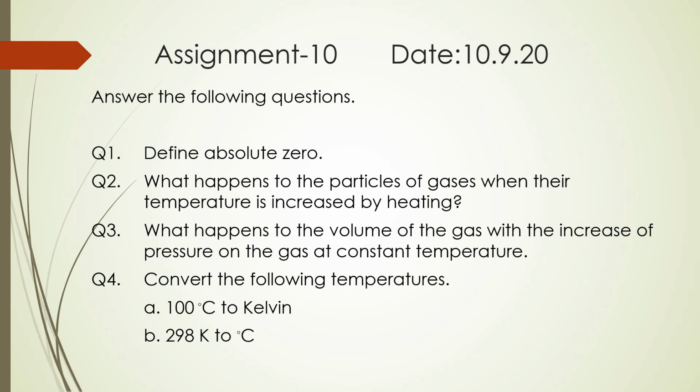And question number 4, convert the following temperatures. A, convert 100 degrees Celsius to Kelvin, and B, convert 298 Kelvin to Celsius. So with this, we end our today's class.